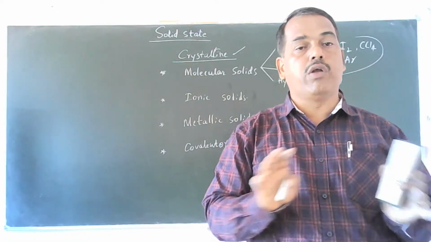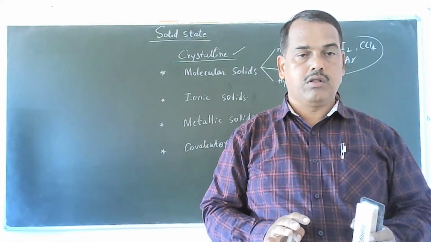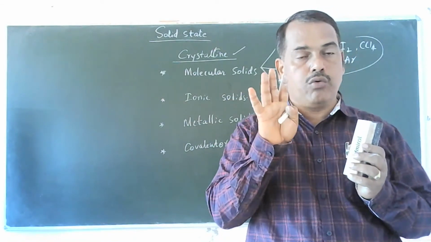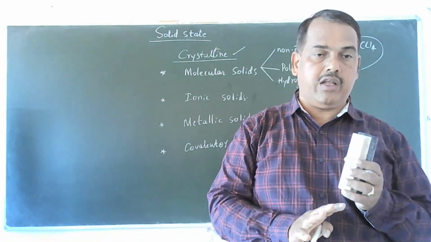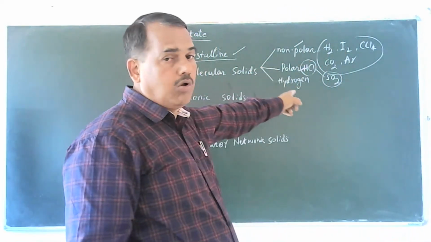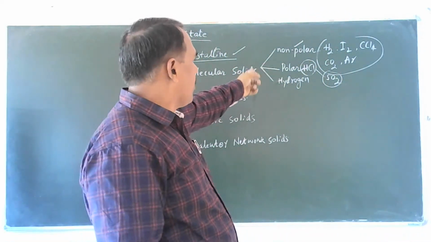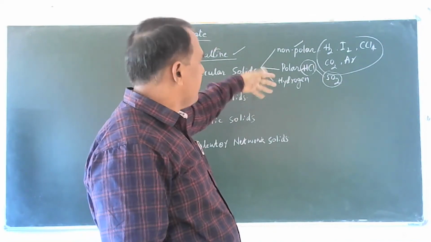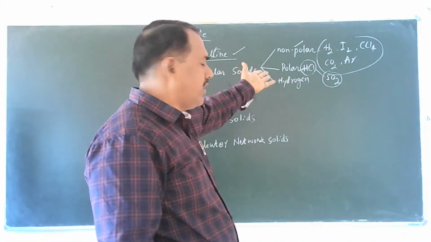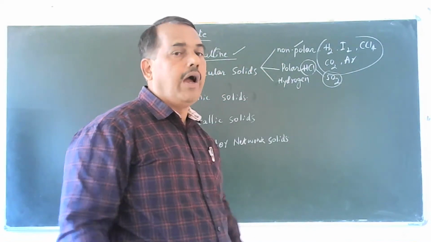In the polar molecular solid, dipole moment exists. From one atom to another atom, electronegativity difference is there, and that is nothing but a polar molecular solid. If hydrochloric acid, which is in a liquid state, by varying its temperature and pressure, we can convert that into a solid state.